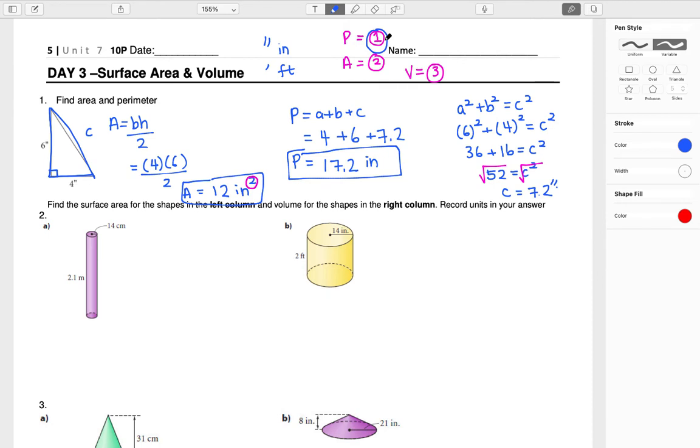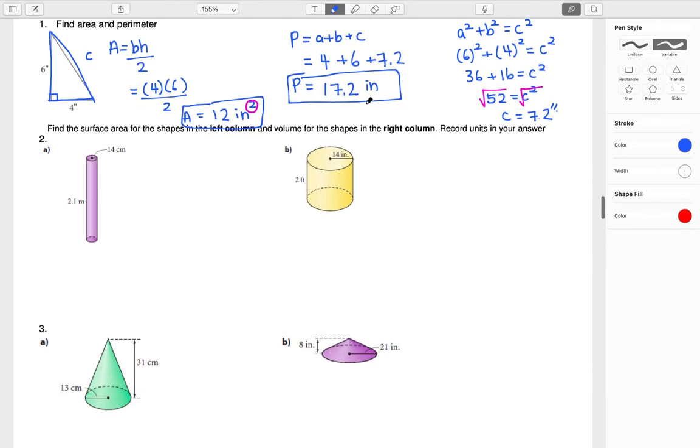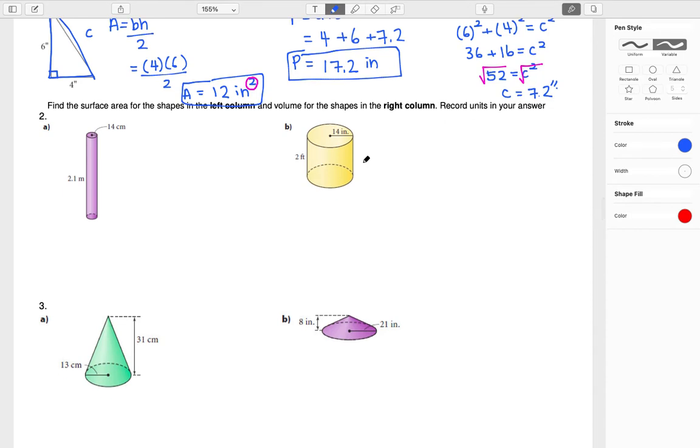Okay. So next question. For the next 6 questions you will see below, it's asking to find the surface area for the left column and then volume for the right column. So let's identify the first shape. You will notice that it's a cylinder.